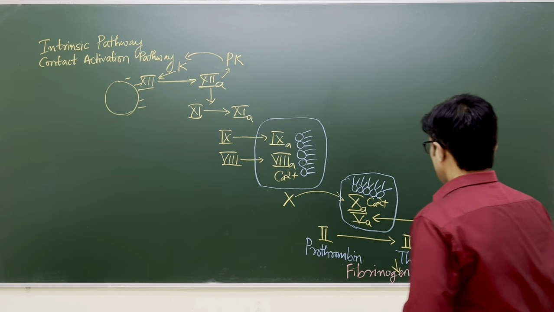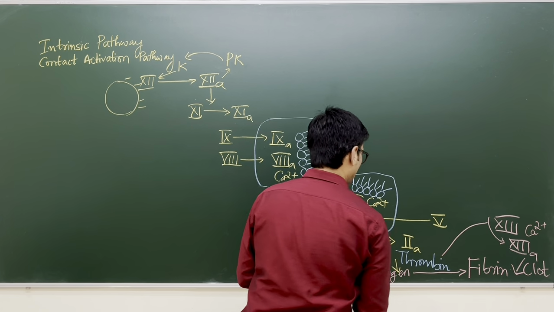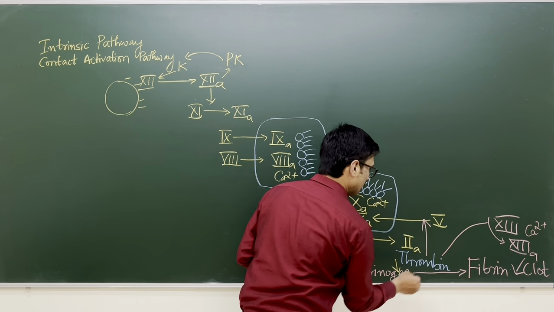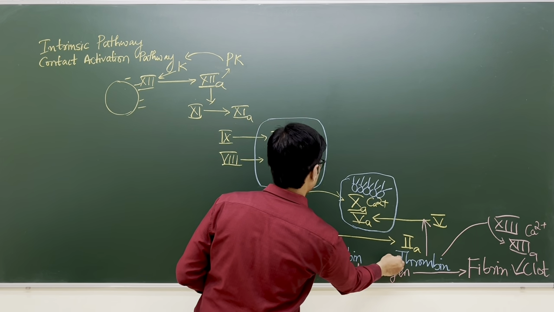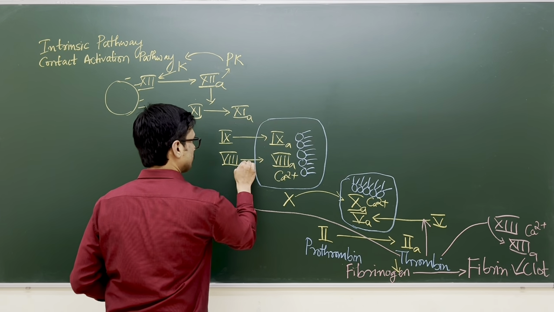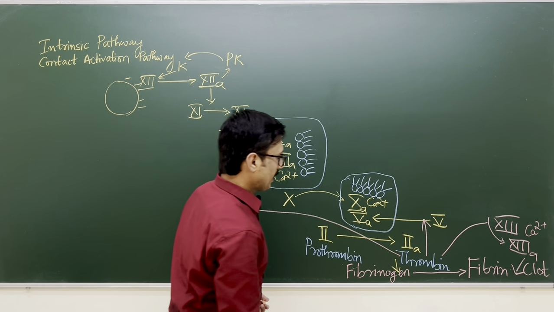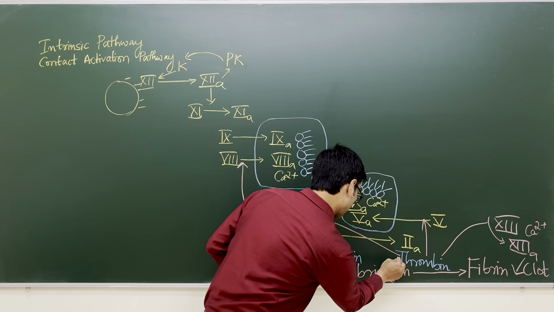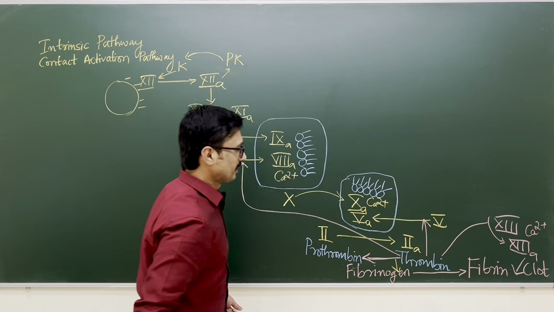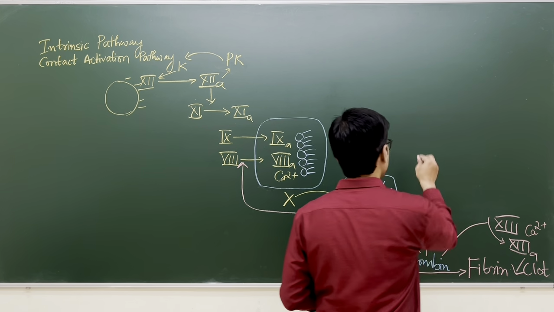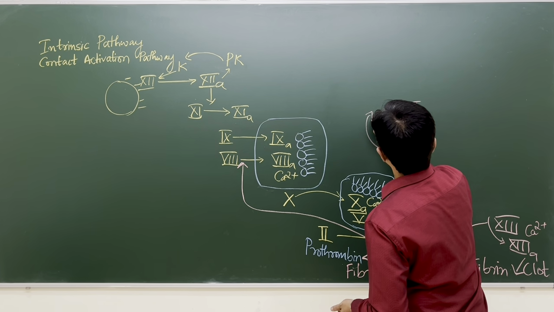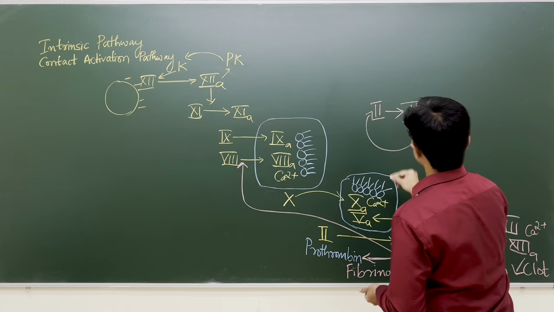See, this thrombin has a role in activation of 5A. Thrombin also has a role in activation of this 8. Thrombin has a role in auto activation of more and more prothrombin to convert into thrombin. So thrombin, which is factor 2A, can cause auto activation of factor 2 more and more.